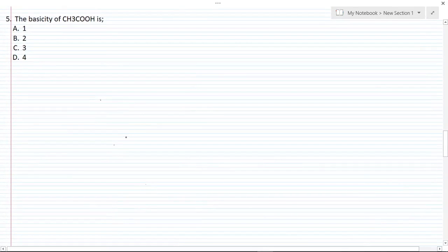So question 5 says the basicity of CH3COOH is A 1, B 2, C 3, and finally D 4. So what exactly is basicity? Basicity pretty much refers to the number of replaceable hydrogen atoms, not ions.